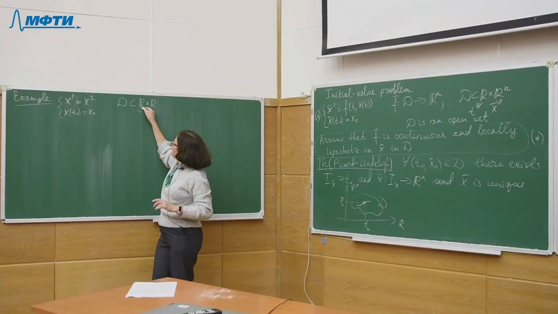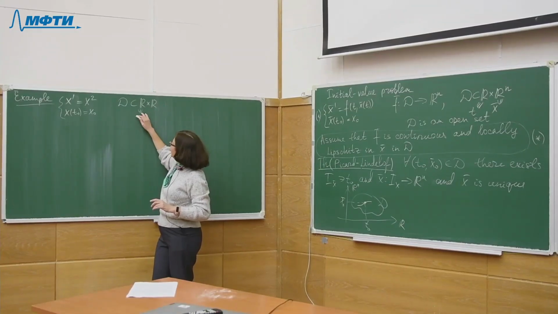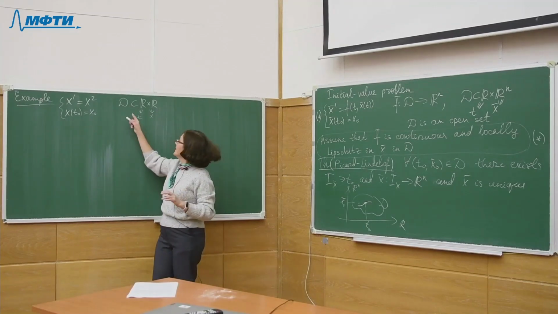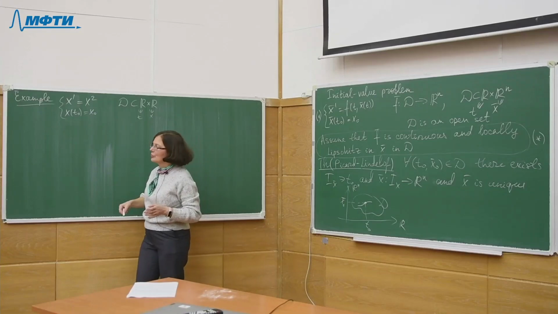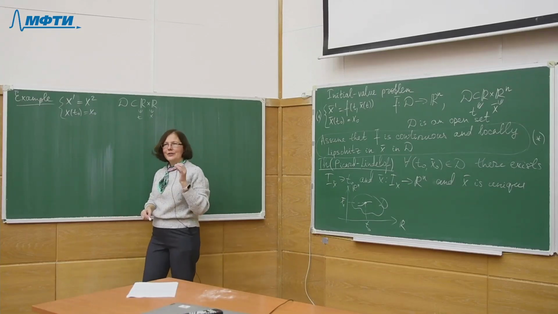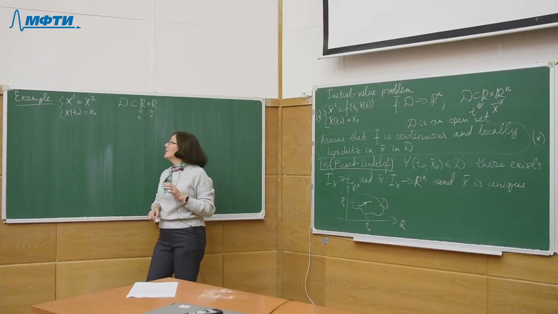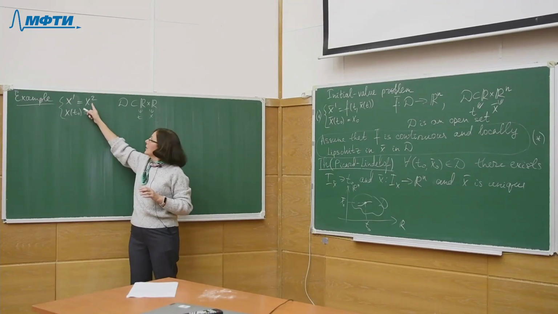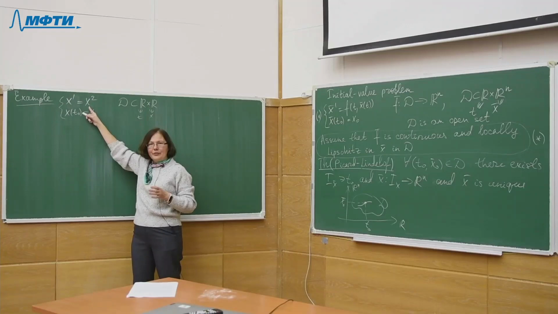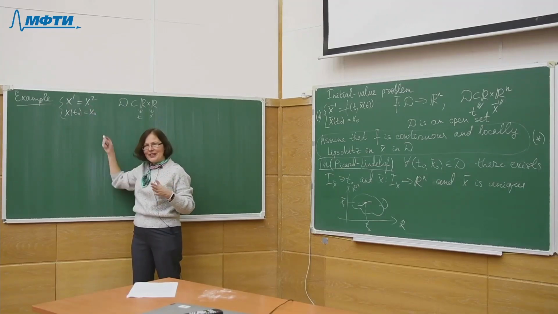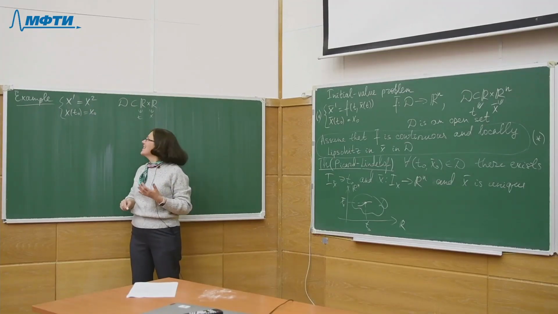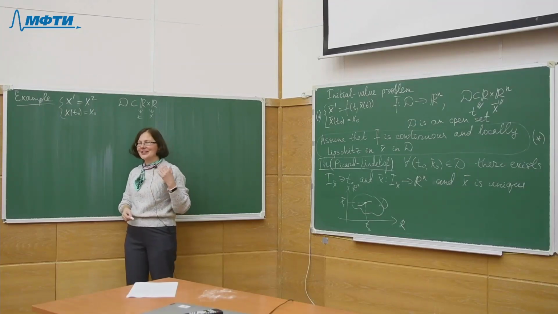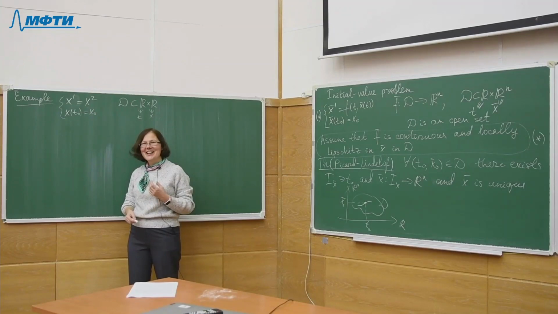This is the dimension for t and for x. So D is in R2, and we should find the domain on which this function f is continuous and locally Lipschitz. Is it continuous? x squared, is this a continuous function? And is it locally Lipschitz?